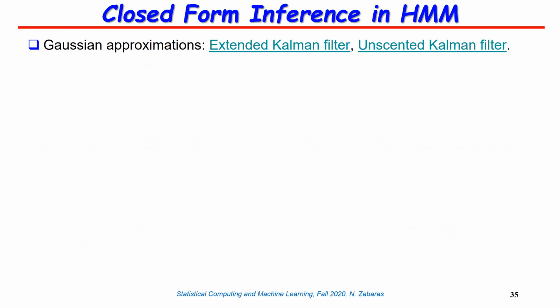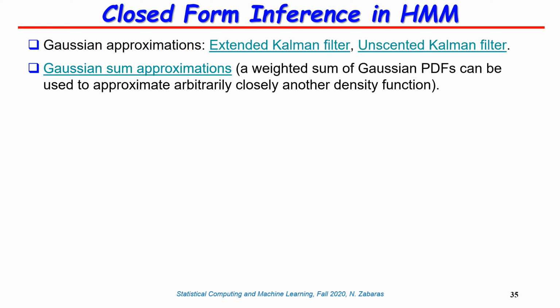Now again, if the model is non-Gaussian, you may see specialized books that define Gaussian approximations to non-Gaussian dynamic models. So things such as the extended Kalman filter, the unscented Kalman filter. You can see methods that go by the name Gaussian sum approximations.